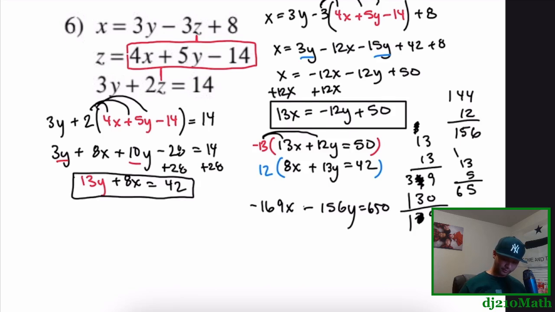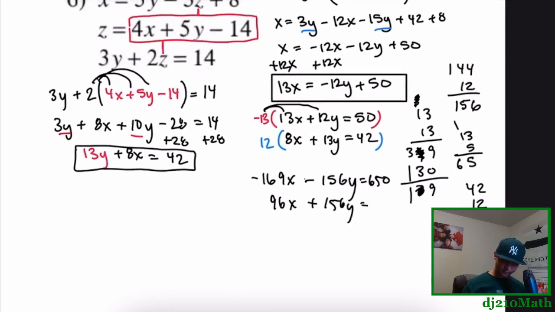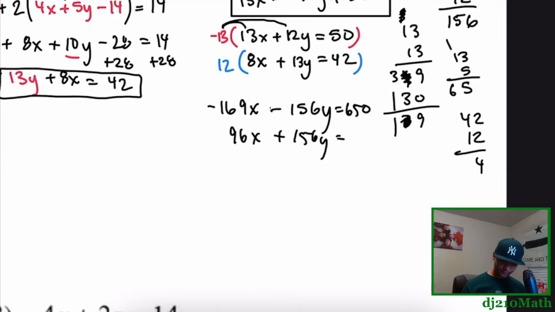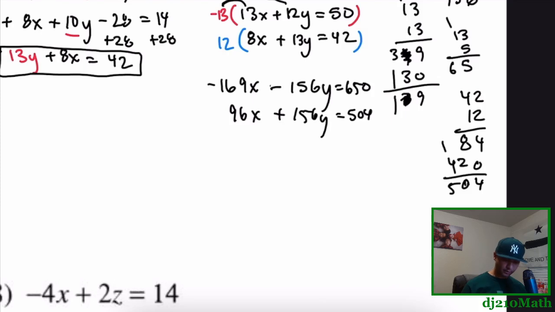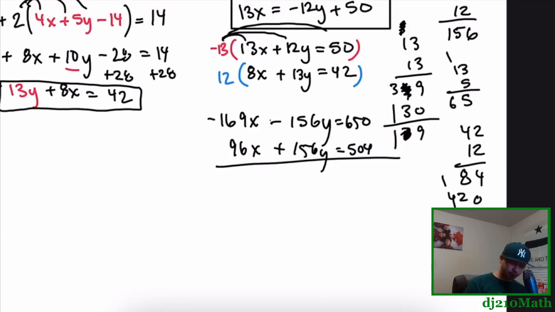Okay, 12 times 8, 96 plus 156y, 42 times 12, 504. Sorry, you can't see. Hope that's right. 504. All right, so when we add, oh, look, I'm about to make a mistake. The 13 times 50 is going to be negative. This is negative 650.